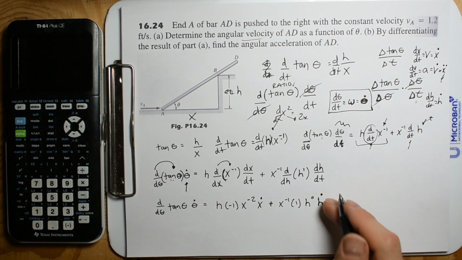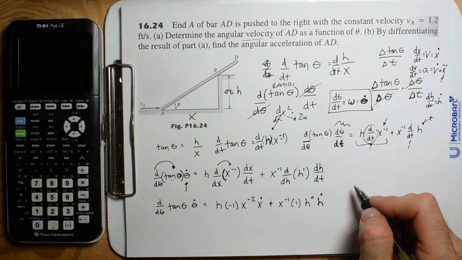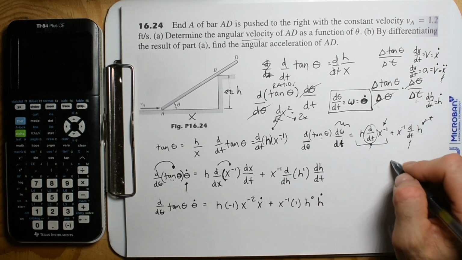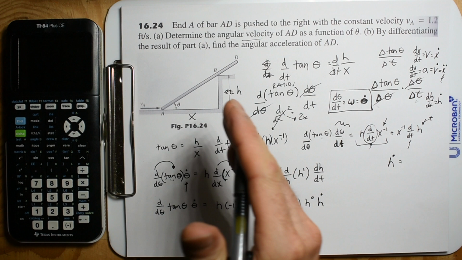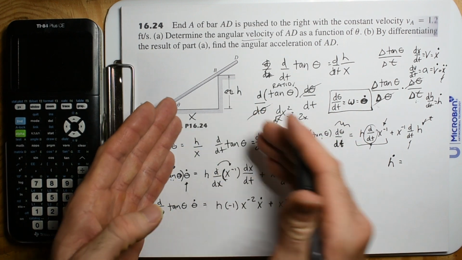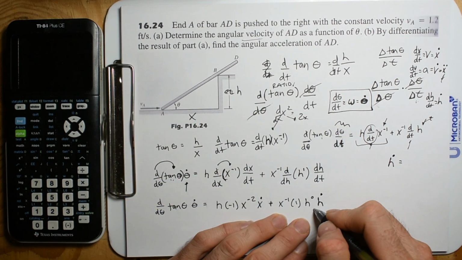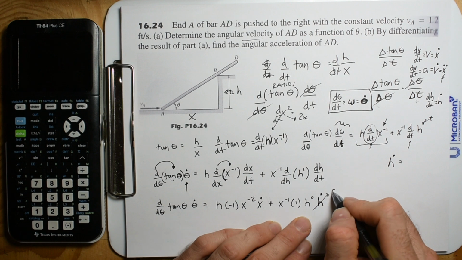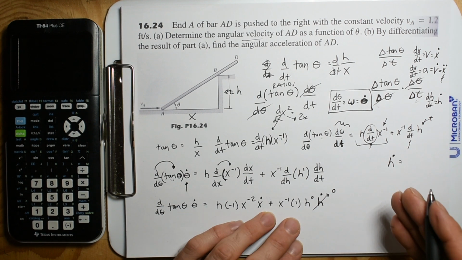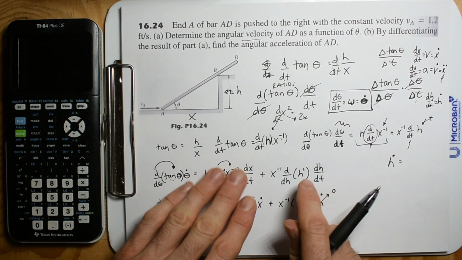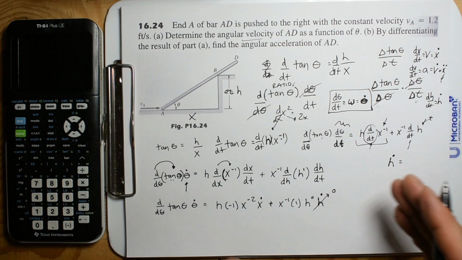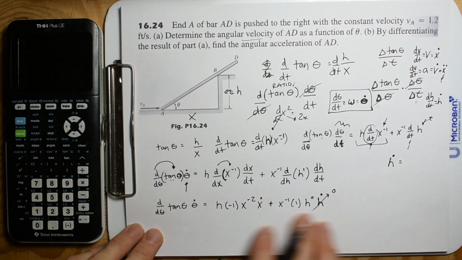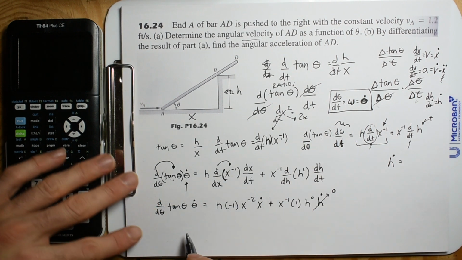And then we know that h isn't changing. So we know that h dot, just from observation, just from how the problem is set up, you can go back and be like, oh, h dot's not changing, so that's 0. You could have done that right back at the differentiation process, but let's simplify that and go back and show you that.